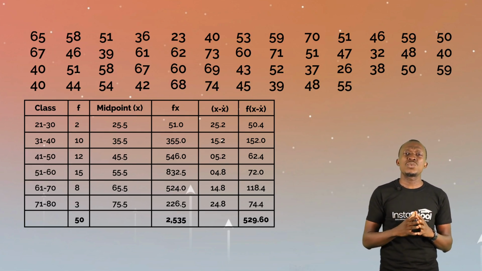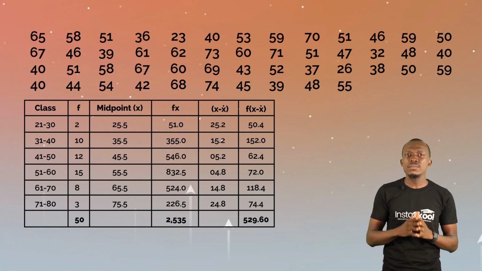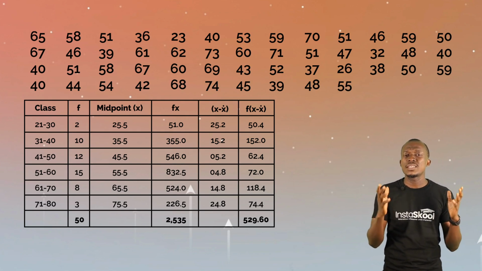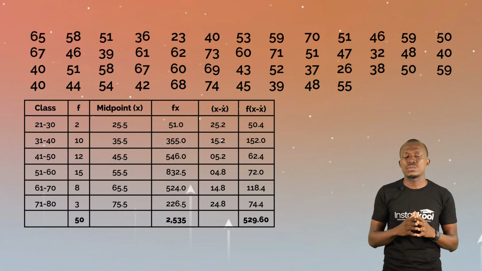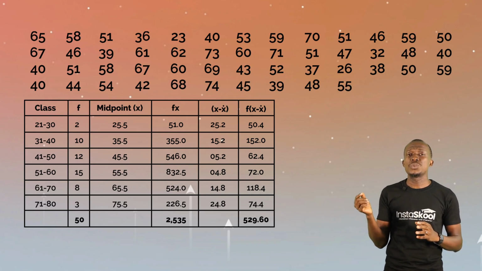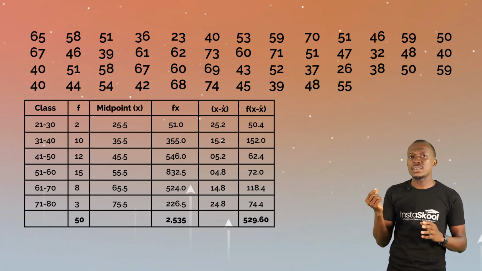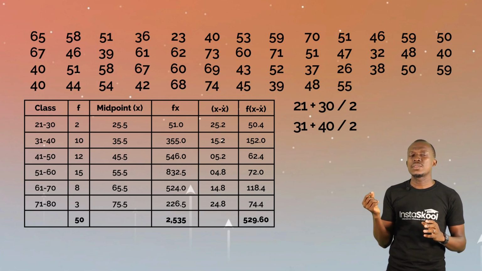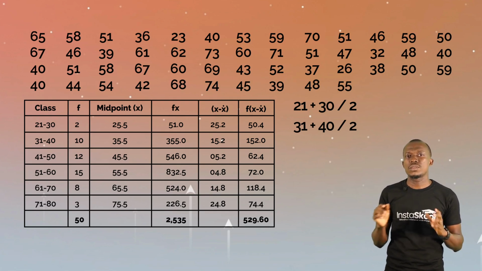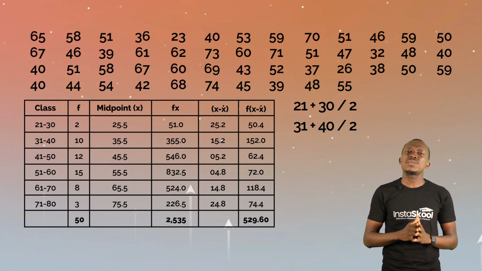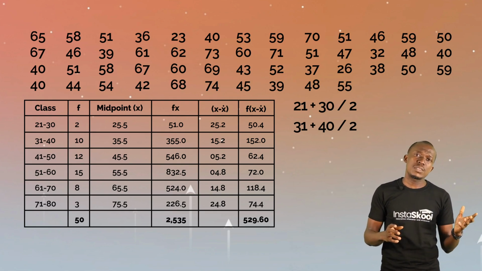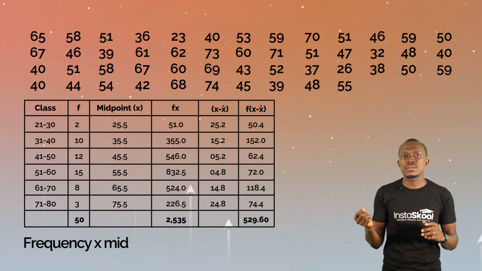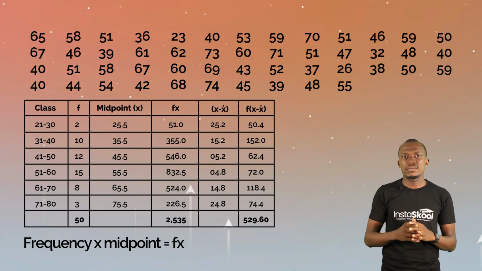The next step is to get the midpoint. The midpoint is the sum of both class intervals divided by 2. So for the first class, we would have 21 plus 30 divided by 2. For the second, we would have 31 plus 40 divided by 2. Clear? Then we multiply the frequencies times the midpoints, and that gives us fx.